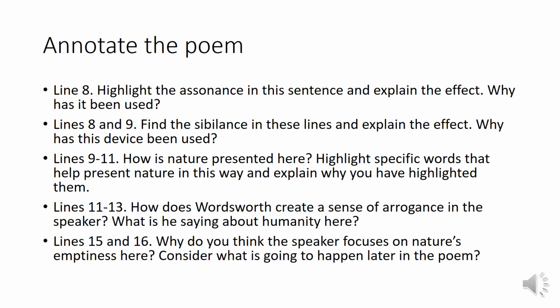On line 8, we have this technique called assonance: leaving behind her still on either side. Assonance is when we have a repeated vowel sound, which we've got going on there. And then when we get into line 8 and 9, we have sibilance. Sibilance, if you remember, is when you repeat the S sound. So it's alliteration, but it's specific to the letter S, sibilance.